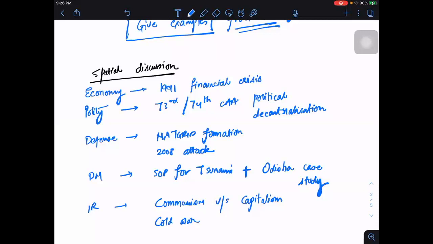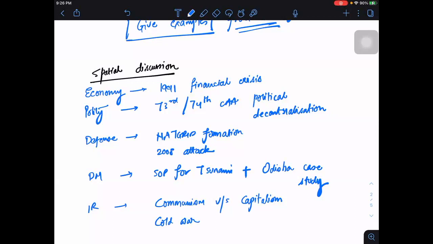For example, in the defense section, the 2008 attack on Mumbai compelled India to introduce NATGRID, right? NATGRID is a security based infrastructure that has been built and has recently been introduced in the governance of the country. In disaster management, the Odisha case study can also be included in the write-up.